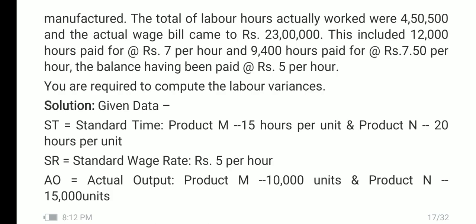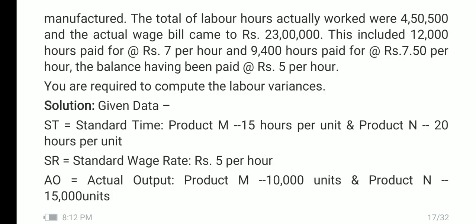But in case of the balance labor hours, the actual labor rate paid is equal to the standard rate, that is rupees 5 per hour. You are required to compute the variances.